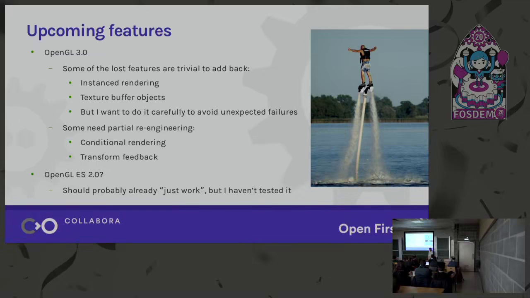But the conditional rendering and the transform feedback stuff needs some more work. I also want to start testing for OpenGL ES 2.0. I suspect that we're already there, but in terms of features, we probably fail some tests and have some bugs there. But I think we should have all of the stuff that's required. I haven't spent any time on it, but after I've landed GL 3.0, this might be what I will look into next.